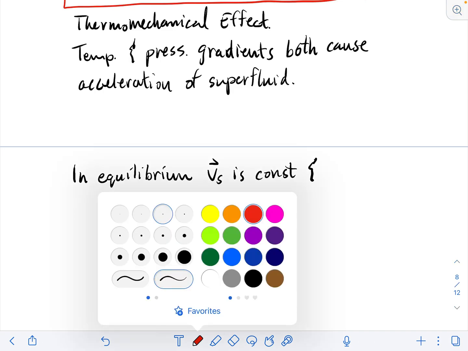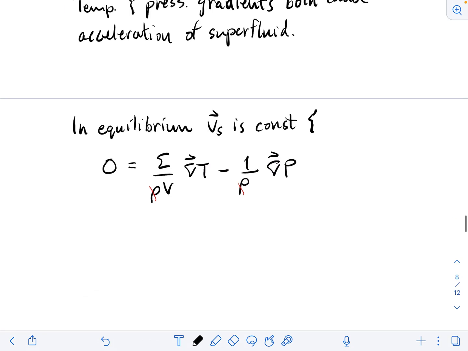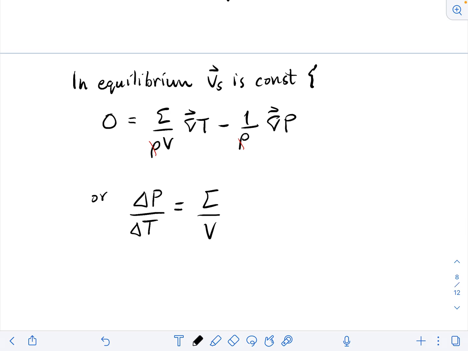And what this would really tell us is how the temperature and pressure changes are related. So delta P over delta T. So we bring the gradient in the pressure over to the left-hand side, then divide by the temperature derivative, and so we would have sigma over V. So that's the ratio of the entropy and the volume of our helium-2.